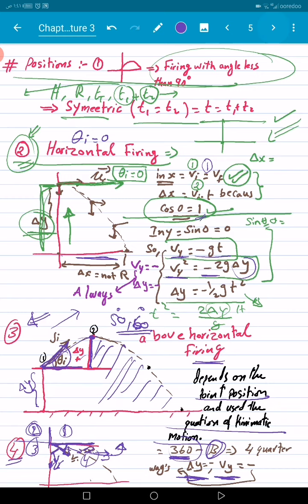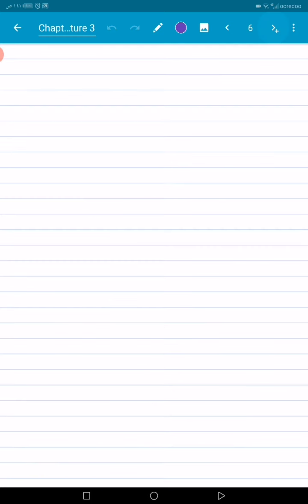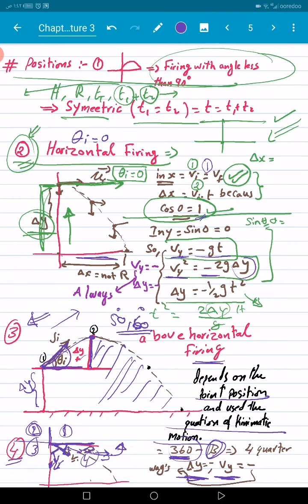So that is the three important positions of firing or launching the projectile and the motion of this projectile. Number one, when I'm firing from 0, 0, from the origin point, that means delta y is equal to 0.